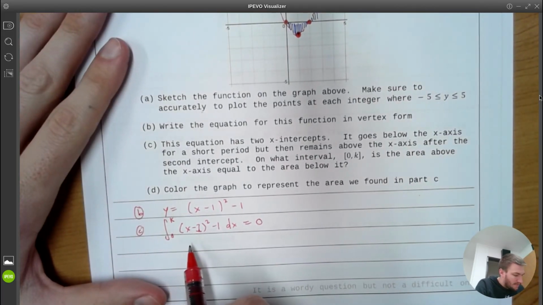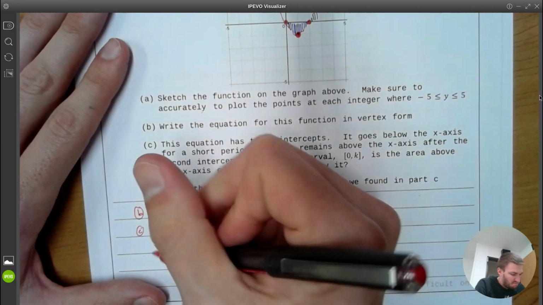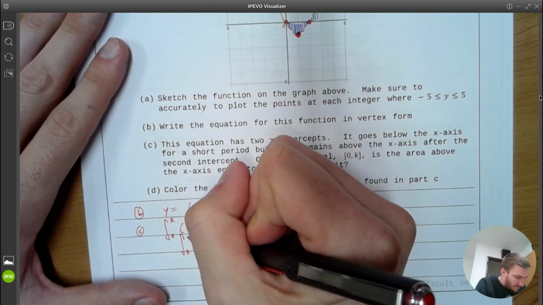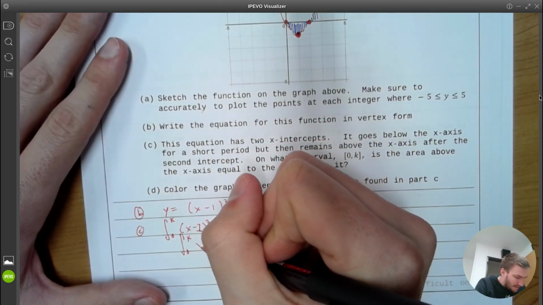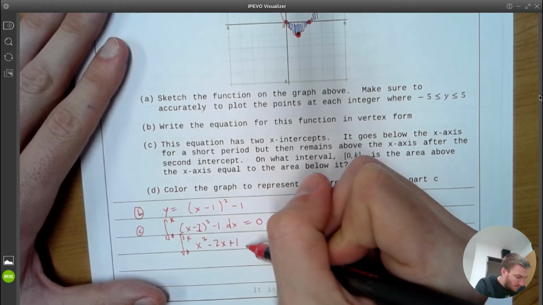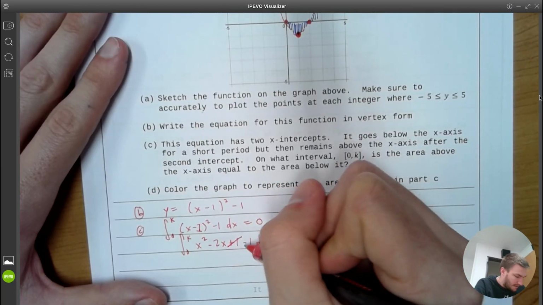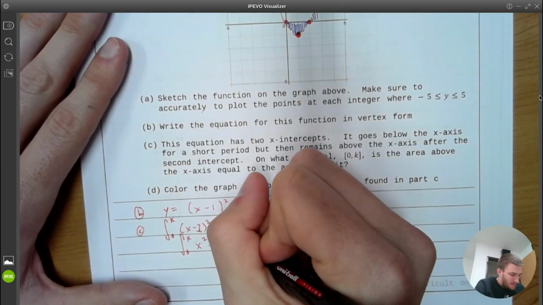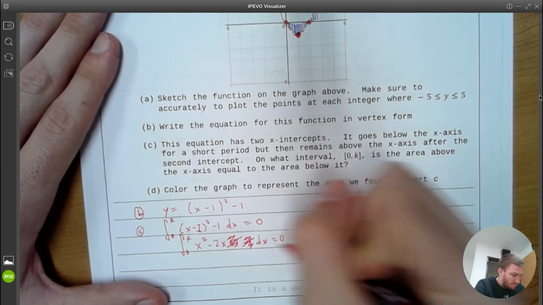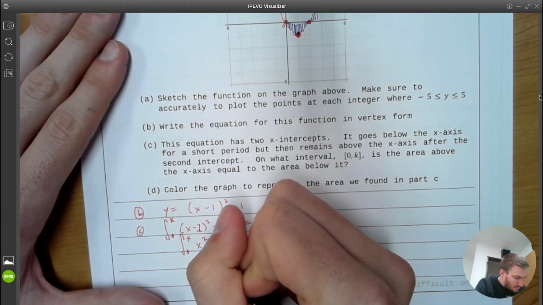I need to take the integral of this. I would probably just FOIL this out. The integral from 0 to k, that's going to be x squared minus 2x plus 1 minus 1 dx equals 0. Obviously, plus 1 minus 1 going to go away.